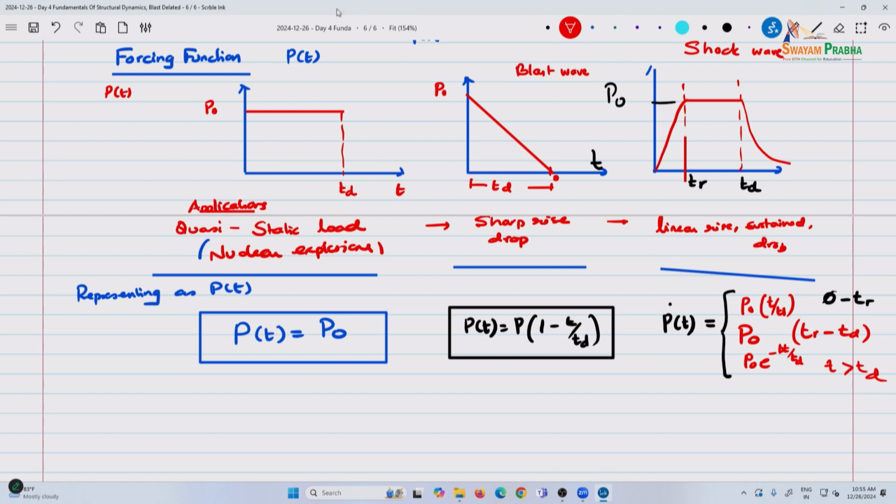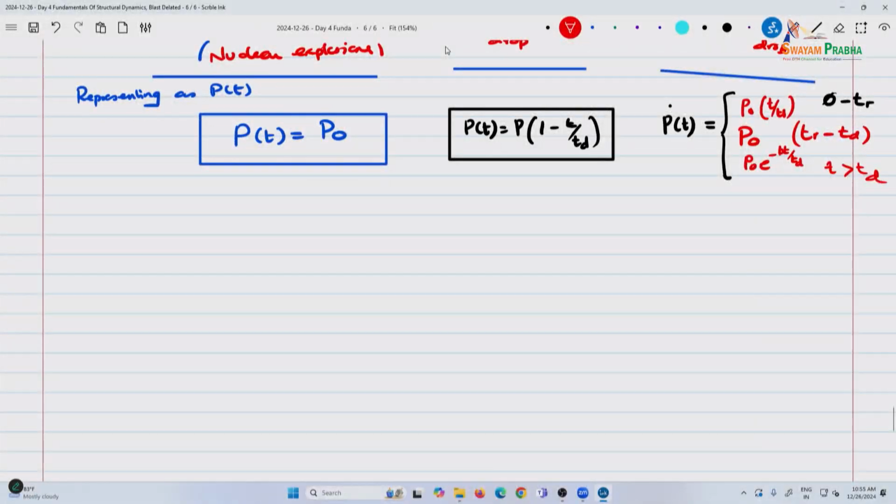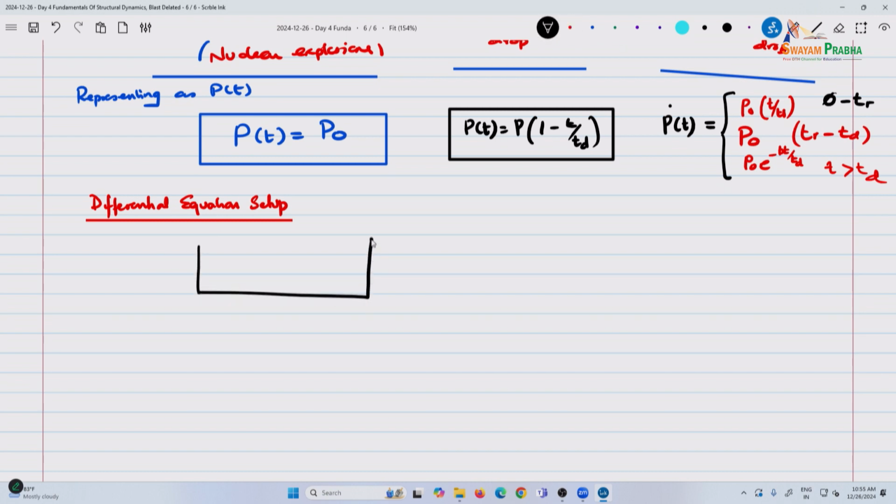So when you represent this, when you are solving, I think we will stop with this. The differential equation setup, and we'll focus on all of them. We can linearize the last part. When you do your differential equation setup, this is going to be fairly straightforward.